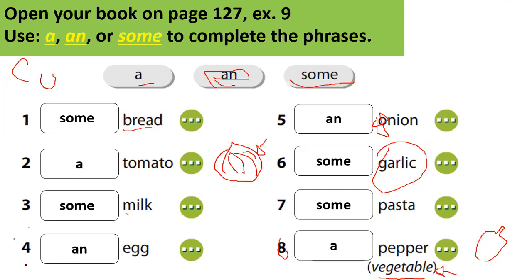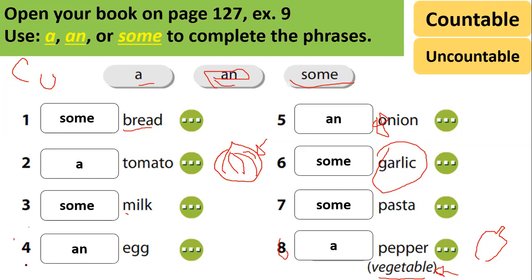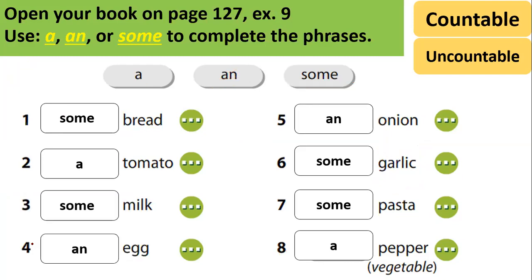Okay, a pepper. Exactly. So just to go back a little, because we're going to practice this more with more examples. Don't worry. But specifically these letters and words: I have a, I have an, and I have some.